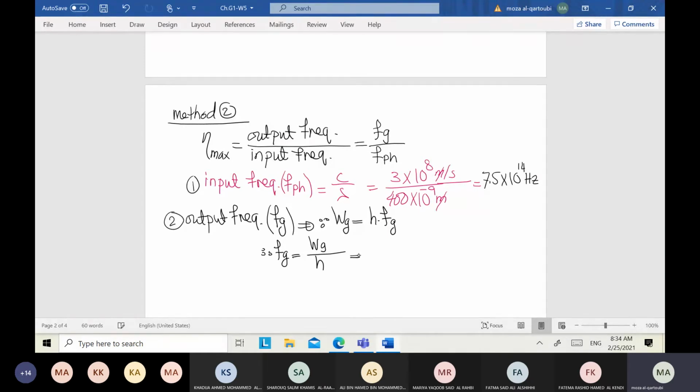So energy of gap equals the given 2.35 electron volt, times Q, 1.6 times 10 power minus 19 joule per electron volt. So electron volt will cancel, over H constant, Planck's constant 6.62 times 10 power minus 34 joule second. So joule will cancel with joule, remaining only 1 over second, and this unit is hertz.